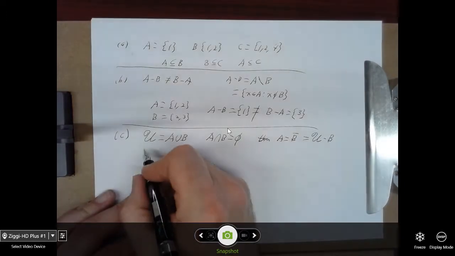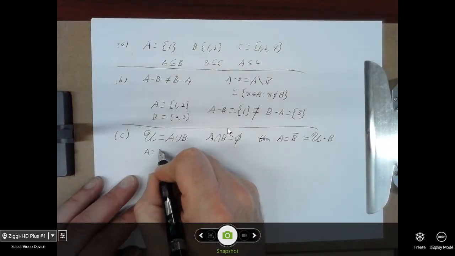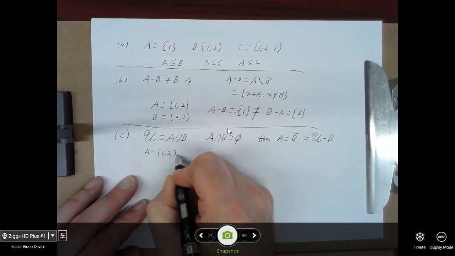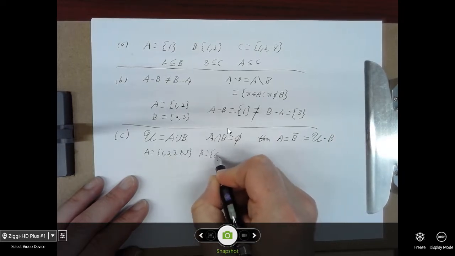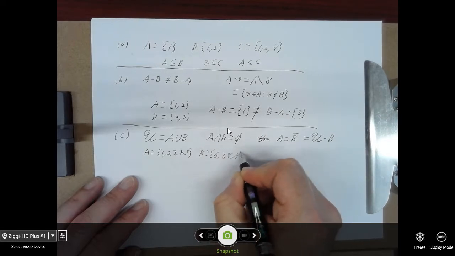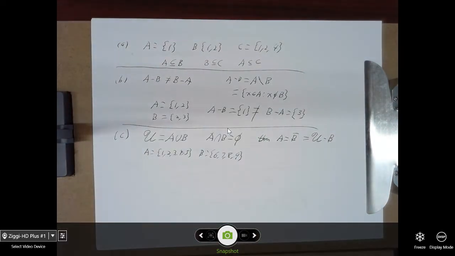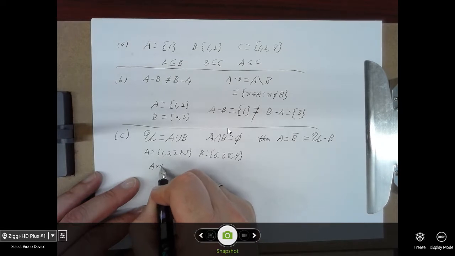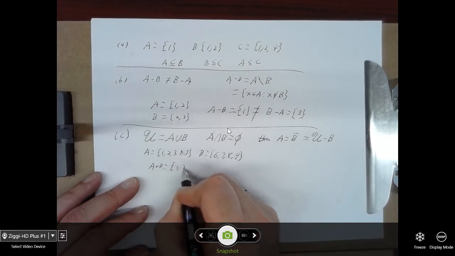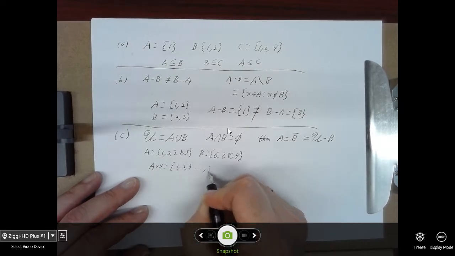So an easy example might be A equals 1, 2, 3, 4, 5. B equals 6, 7, 8, 9. And you've got to show what the sets are if you're going to show that this equality is true, right? So this is what A and B are, and it doesn't hurt to say A union B equals, and just show the union.